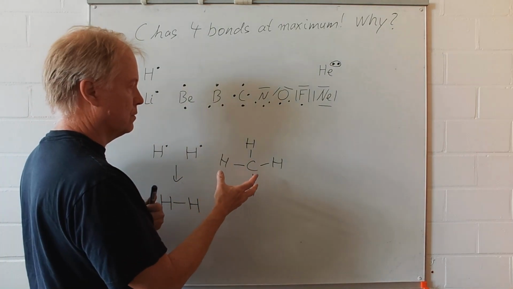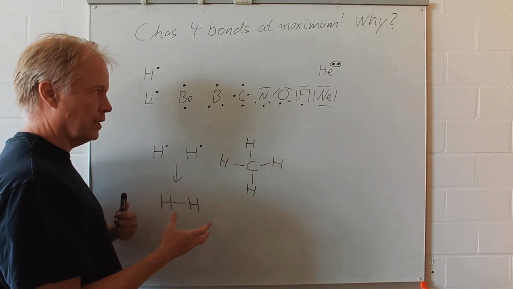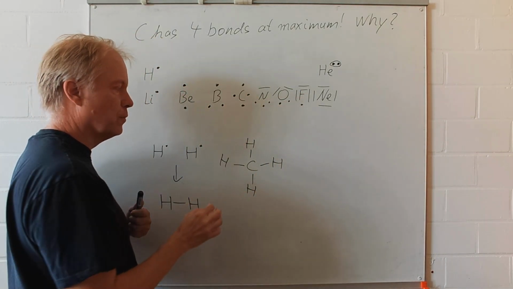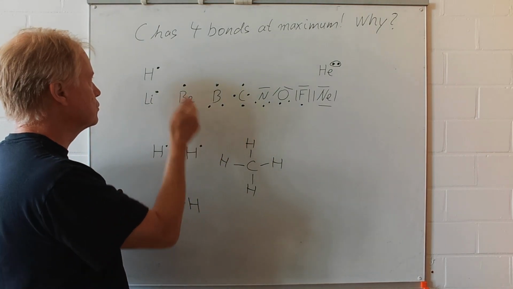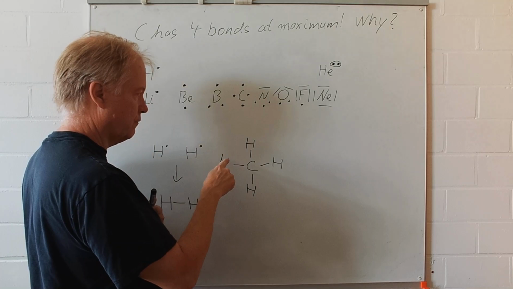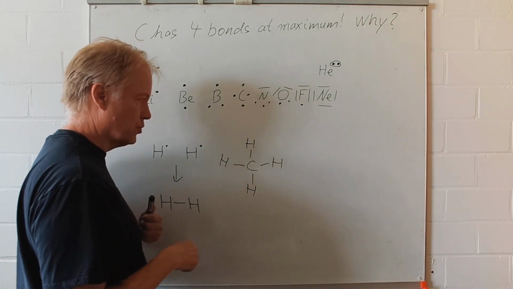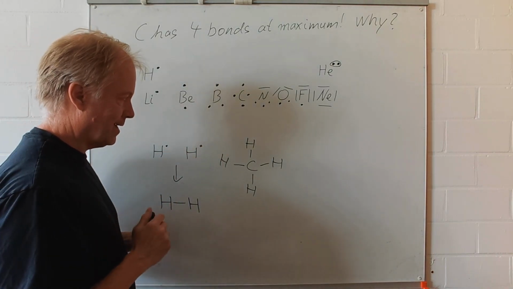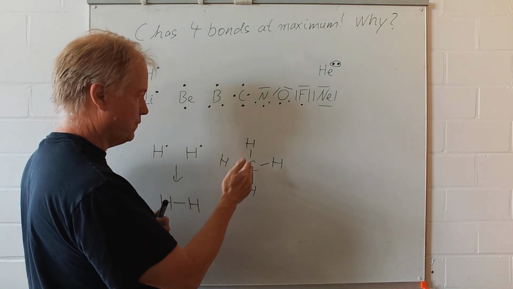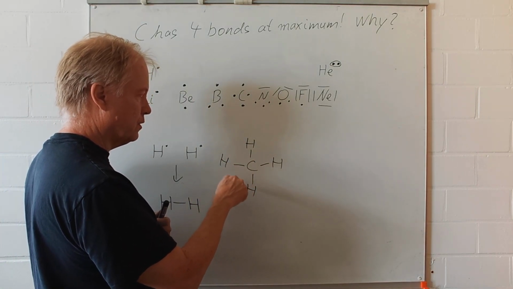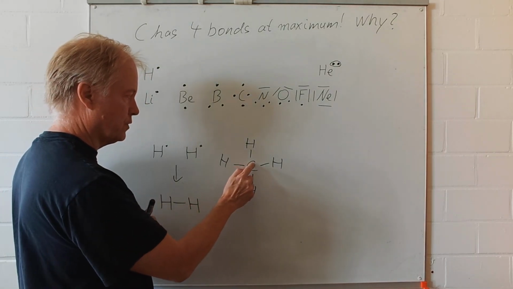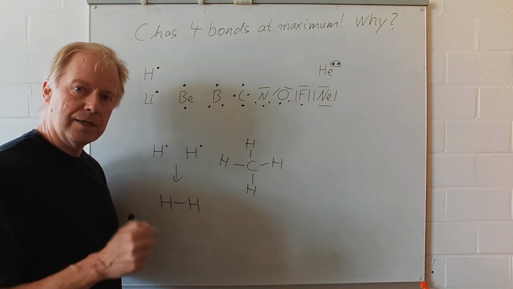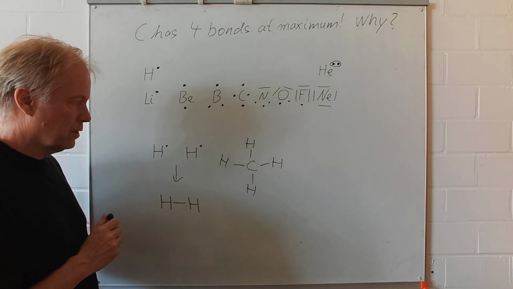To achieve noble gas configuration, in this case the configuration of neon, it needs to form 4 bonds, for instance with 4 hydrogen atoms, and with these 4 hydrogen atoms bonded symmetrically around that carbon, we have fulfilled the noble gas configuration for this carbon, since it has 1, 2, 3, 4 electron pairs in its outer sphere.